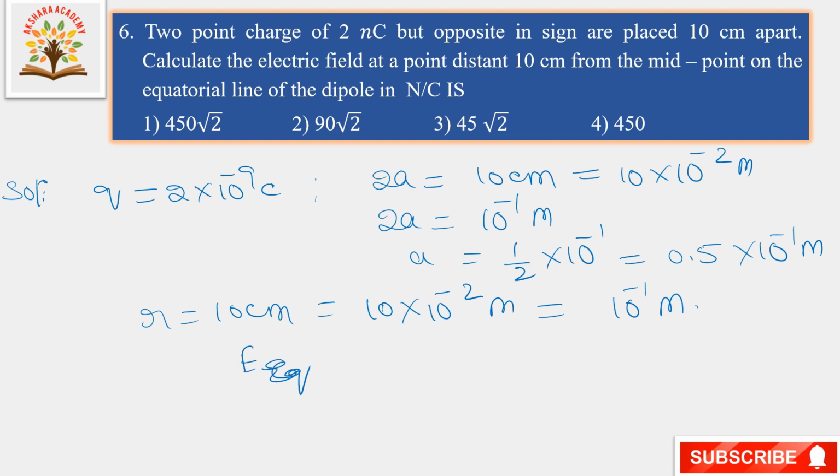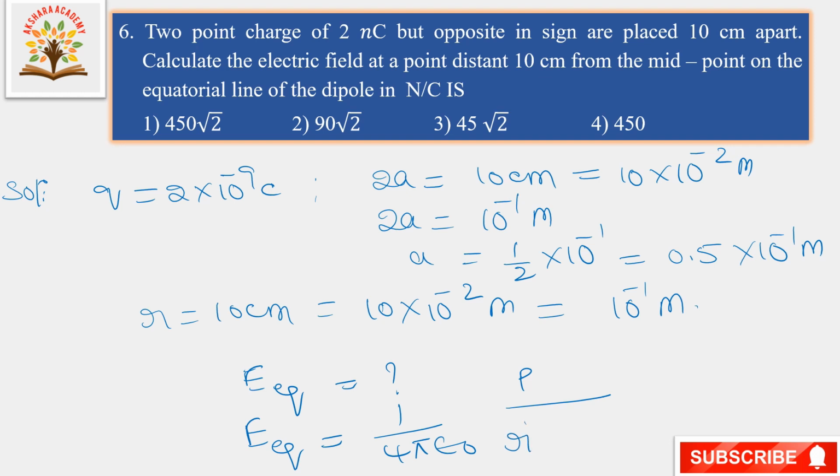So E equatorial is equal to question mark. Now the electric field from the midpoint on the equatorial line is equal to 1 by 4 pi epsilon naught, p by (r square plus a square) whole to the power of 3 by 2.